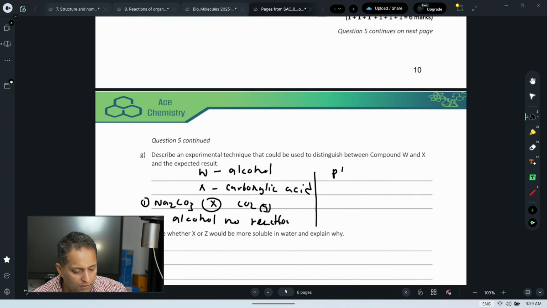pH is also correct. What else? Okay, you can add potassium dichromate. In this case this is a primary alcohol, it will undergo oxidation.